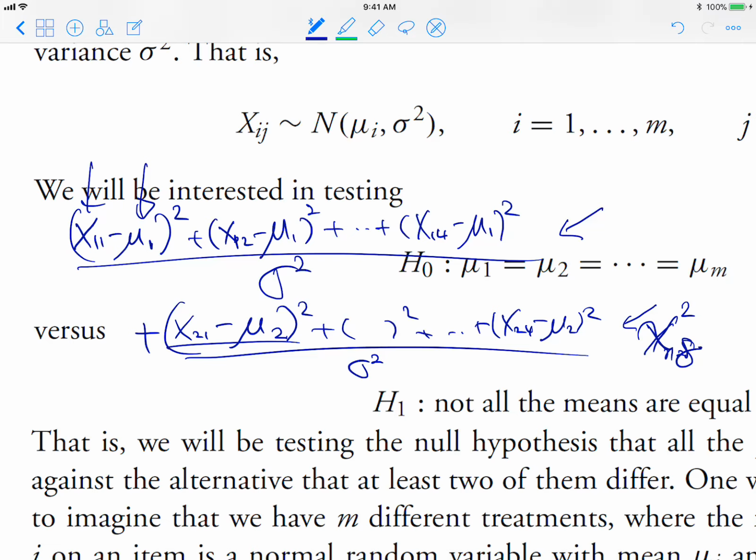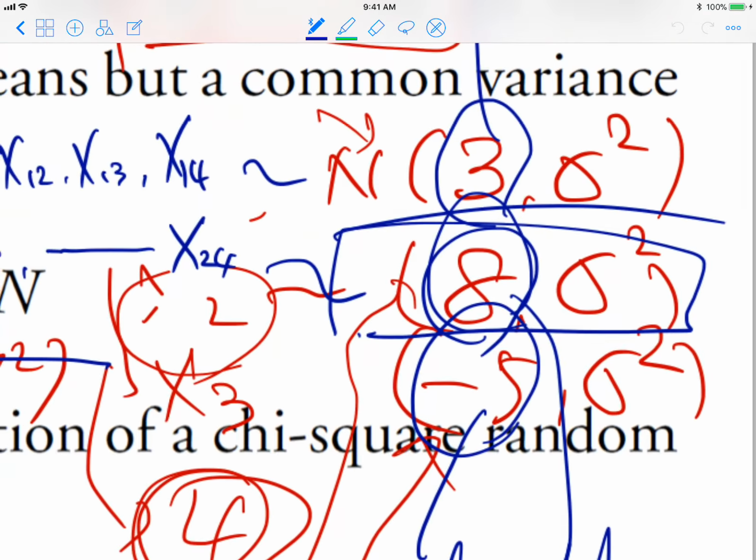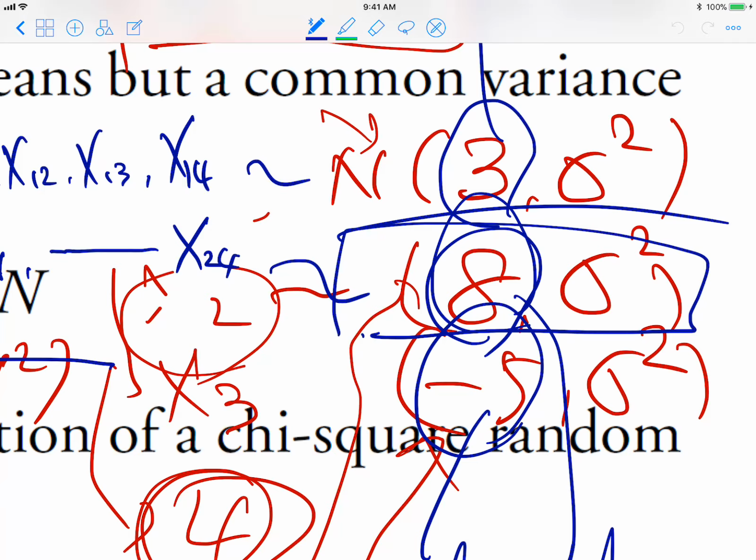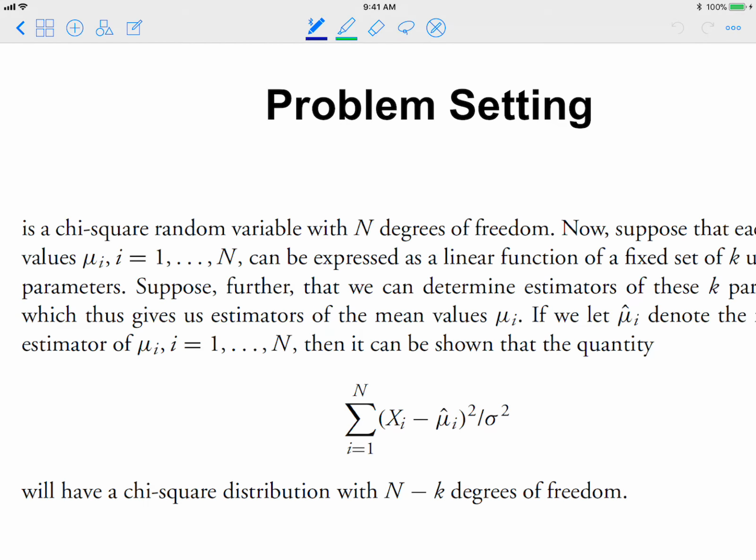And then if we add these terms for all of the groups, no, we had 3 groups, right? Sorry, we are assuming that we have 3 groups. So 4 of them, 4 of them, 4 of them, and in total we will have the chi-square distribution with the degree of freedom of 12, right?